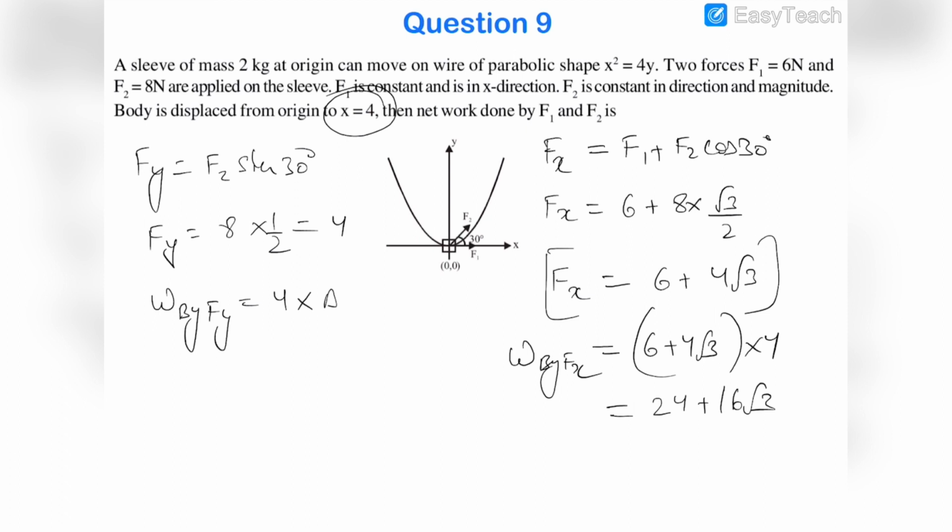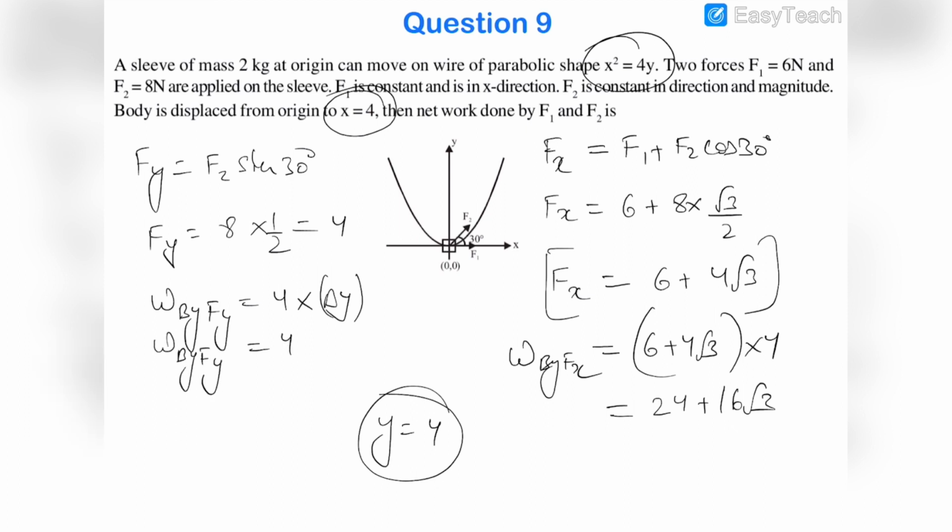Now displacement in y direction can be calculated as the y coordinate when x is equal to 4. So when x is equal to 4, we can see that y is also equal to 4. So work done by Fy will be equal to 4 into 4, which is 16.